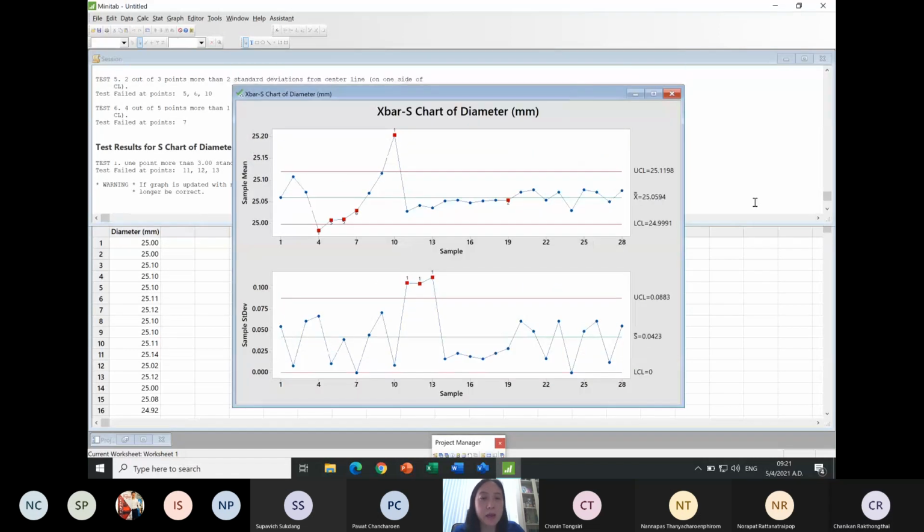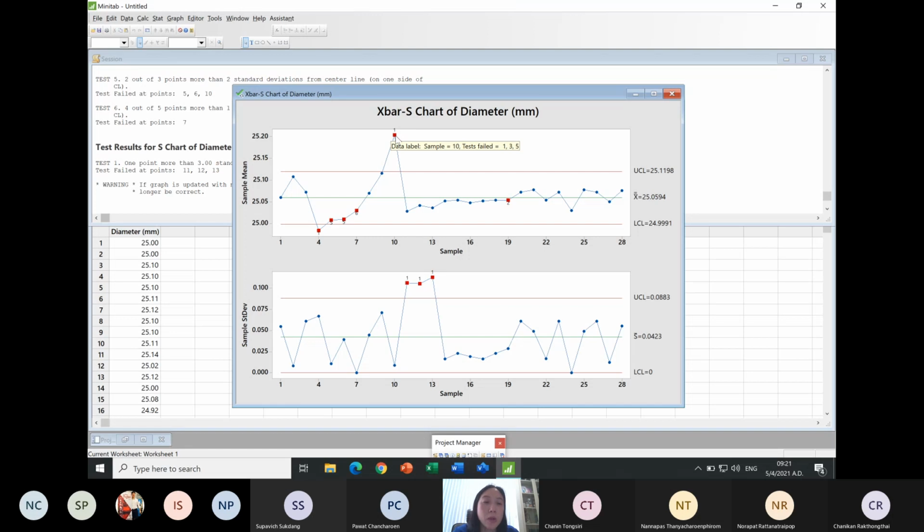subgroup number 10, in this case, if you see it is shown in the red dots, and it writes number 1 on that point, so the number 1 means rule number 1 that Minitab detected that this subgroup violates.